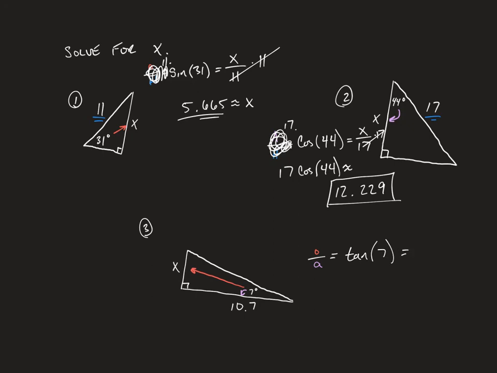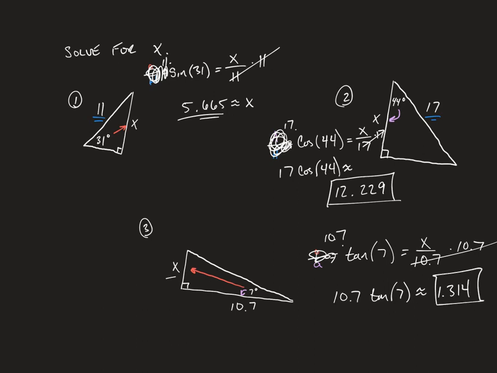And I'm going to compare that number to my opposite side divided by my adjacent side. So when I solve this, times 10.7, I'm going to type 10.7 times tangent of 7 into my graphing calculator, and I get approximately 1.314. So that is the approximate length of that side based on what I know about these relationships.